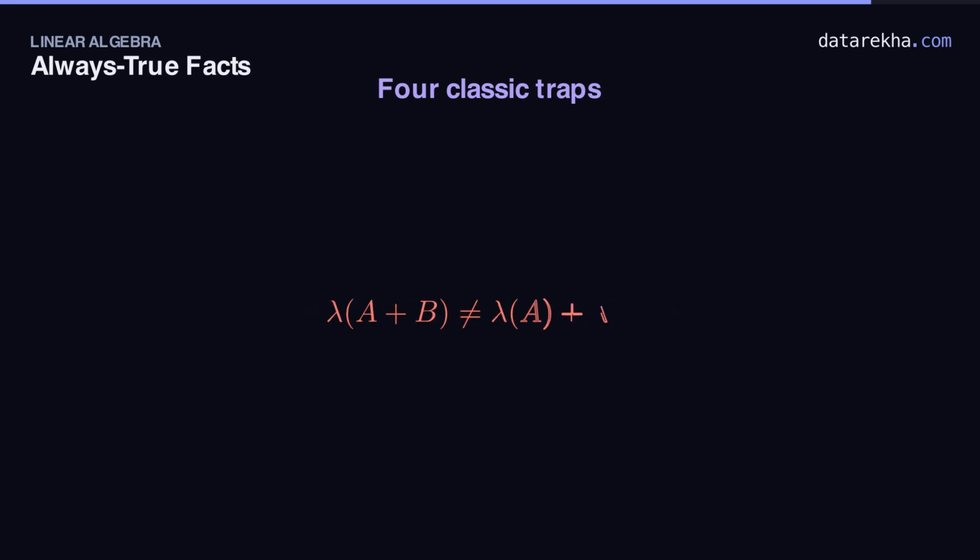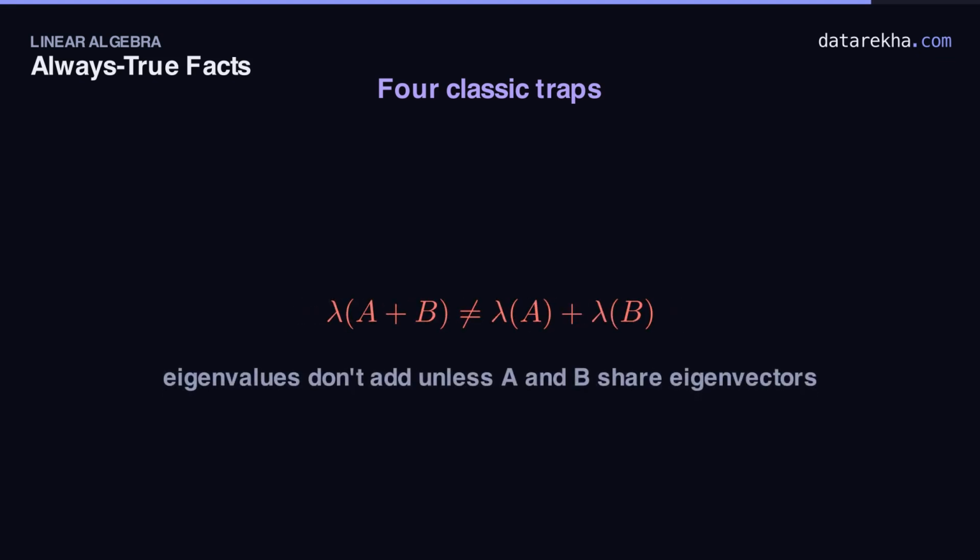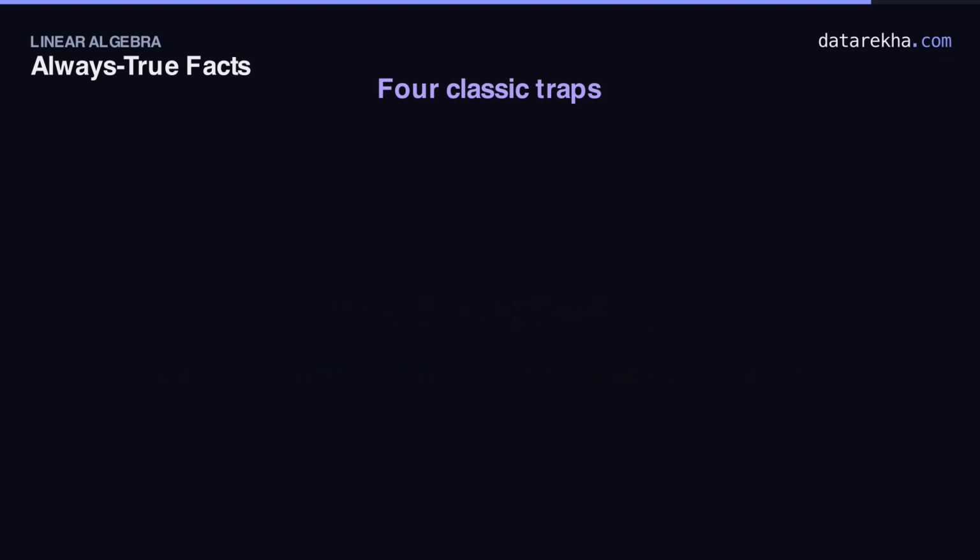Trap 3. You cannot add eigenvalues either. The eigenvalues of A plus B are not the eigenvalues of A added to those of B, unless the two matrices happen to share the same eigenvectors. In general, adding matrices scrambles their eigenvalues completely. And trap 4, a subtle one.